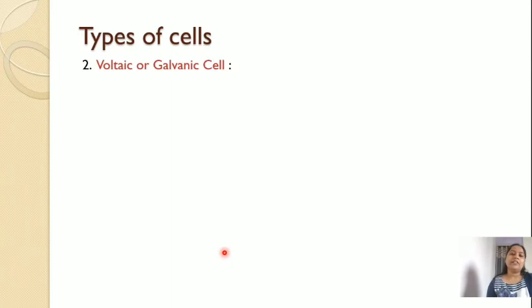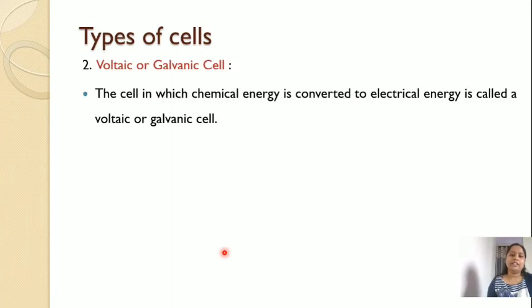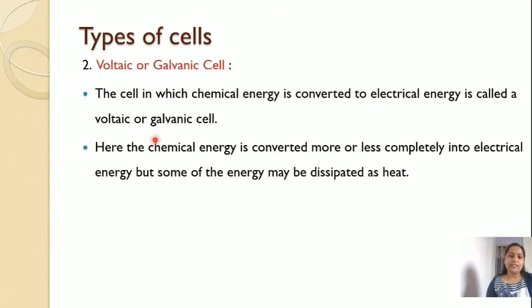Then the second is the voltaic or galvanic cell. In this cell, chemical energy is converted into electrical energy. Chemical energy is converted more or less completely into electrical energy, but some of the energy may be dissipated as heat.